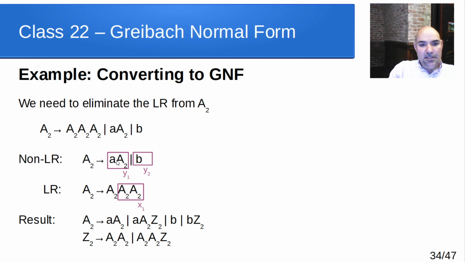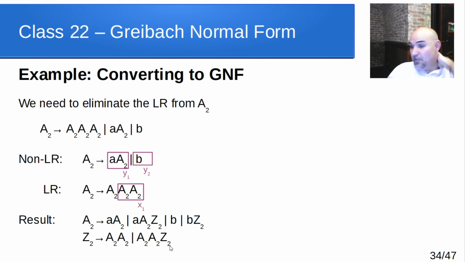So we get A2 followed by Z2, which is our new variable we created, and then B and BZ2. And then Z2 becomes the left recursive part after the variable. So in this case, A2, A2, Z2. Same thing we've done before to remove left recursion.